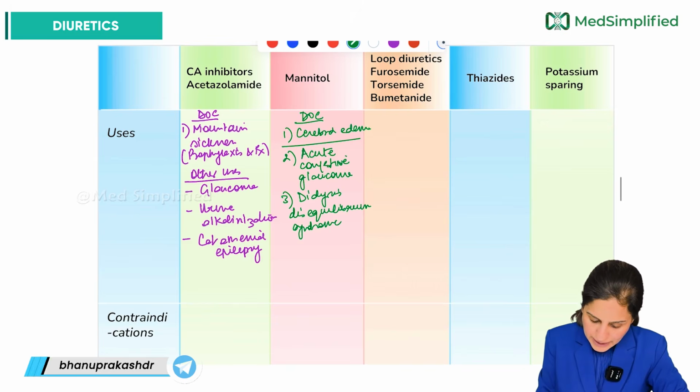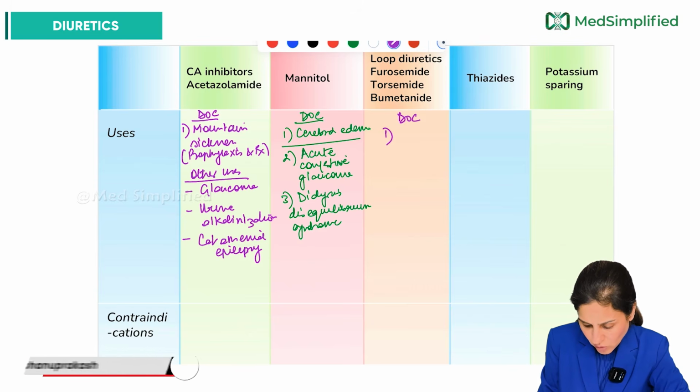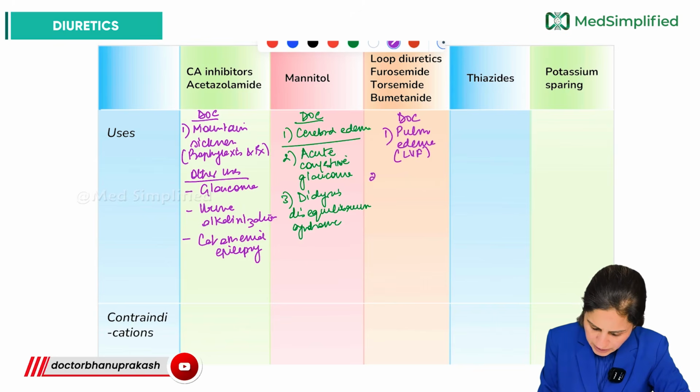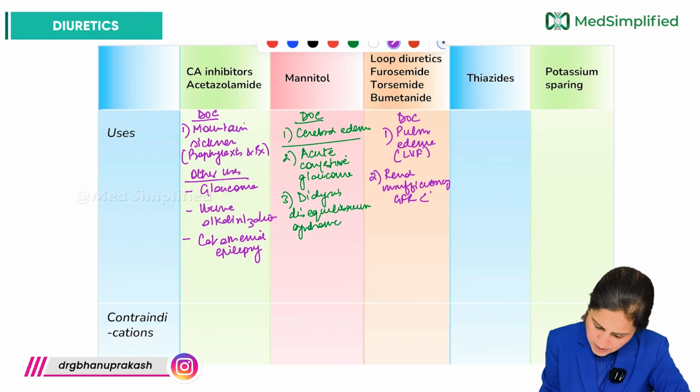Loop diuretics now. Loop diuretics are a drug of choice where number 1, in case of pulmonary edema, right, seen with left ventricular failure. Number 2, in case of renal insufficiency, so when the GFR is less than 40.